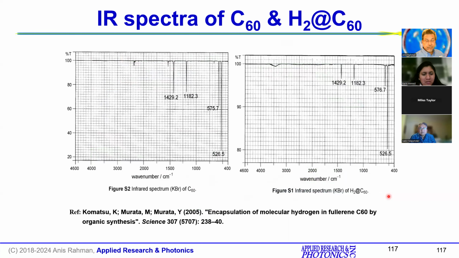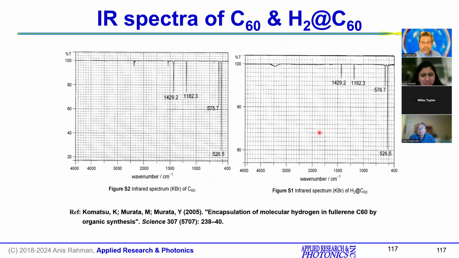Here is an example of the FTIR spectrum of C60 and H2@C60. H2@C60 means that hydrogen is encaged inside the C60 molecule. And that's a famous paper that came out from a Japanese group on encapsulation of molecular hydrogen in fullerene, published in Science in 2005.